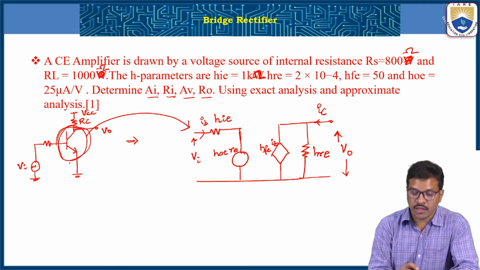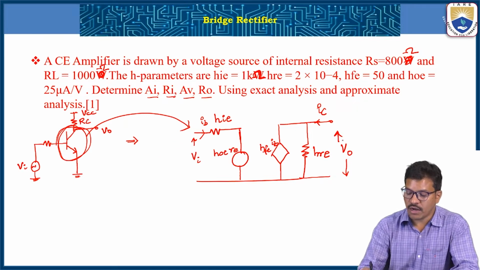If you want to draw the entire amplifier, we can connect the base resistor, like if it is voltage divider, R1 parallel R2, and the load resistor RL here.